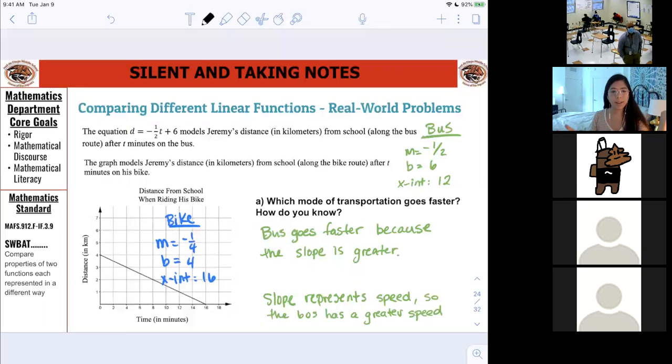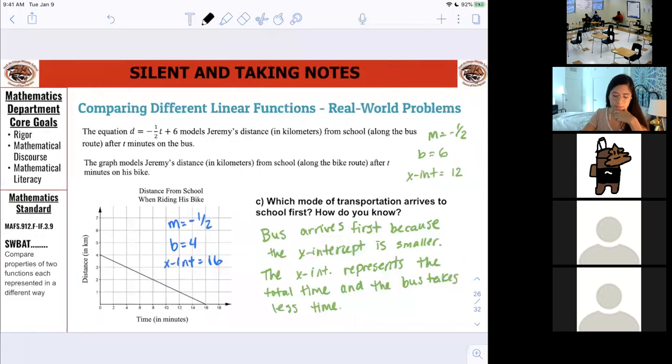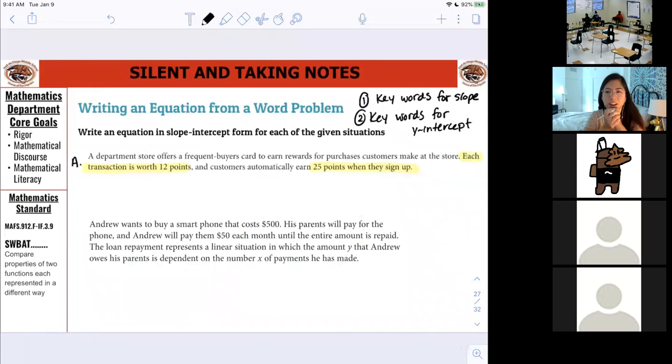And remember what I said, that whenever you have any sort of real world problem where it's measuring distance and time, the slope is going to be the speed. So if anything about a car, anything about a bus traveling, anything like that, you're talking about speed. But is that what I have here? Am I on a car or a bus or a bike or something like that?